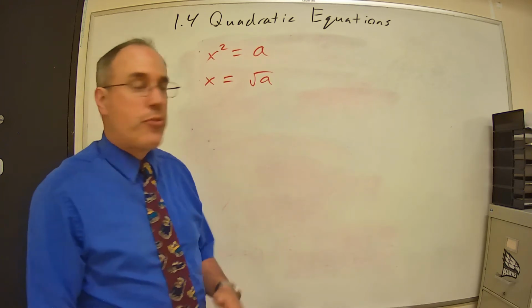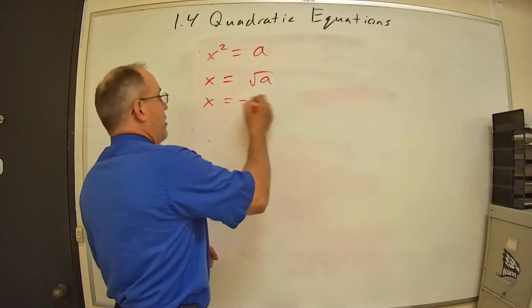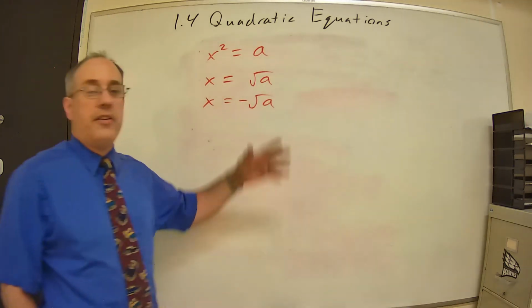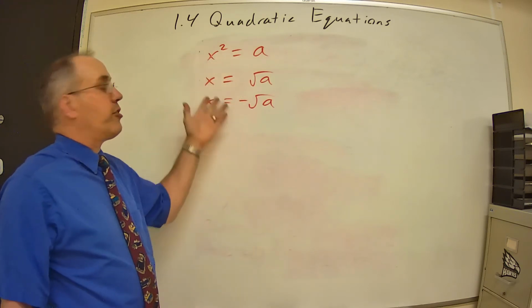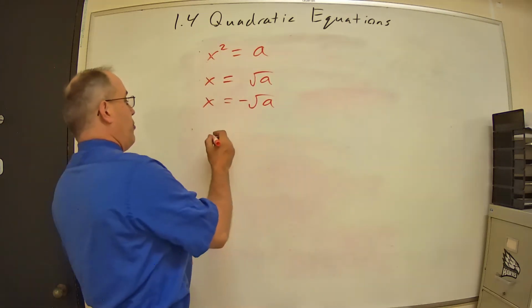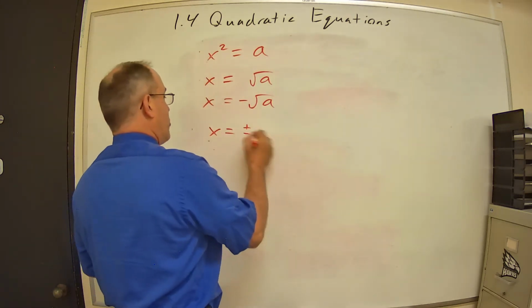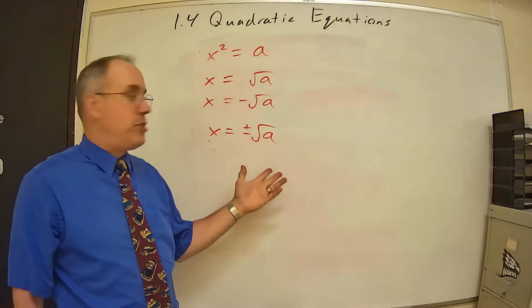We talk about the primary root and the negative root. So it could be either one. So we would actually say if we have x squared equals a, we would say that x is equal to plus or minus the square root of a, whatever that happens to be.